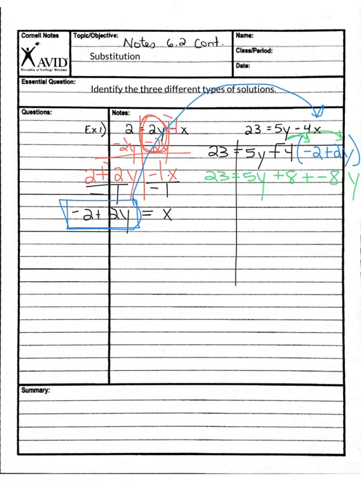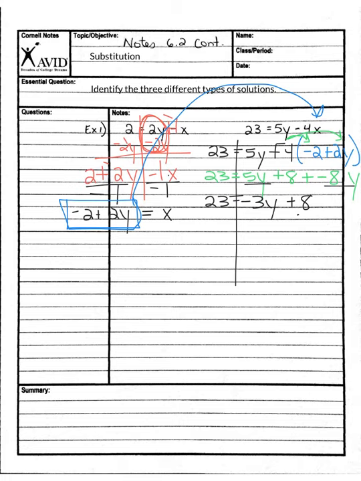Our next step here is ask yourself, do you have like terms? My 5y and my negative 8y, I can add those together. I can combine them. They're like terms, which gets me a negative 3y. Bring down your plus 8 and your 23 on the left-hand side. We need to isolate the letter y, get it all by itself.